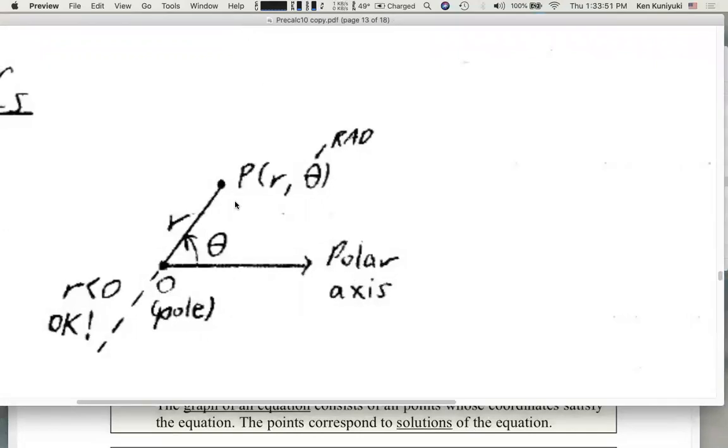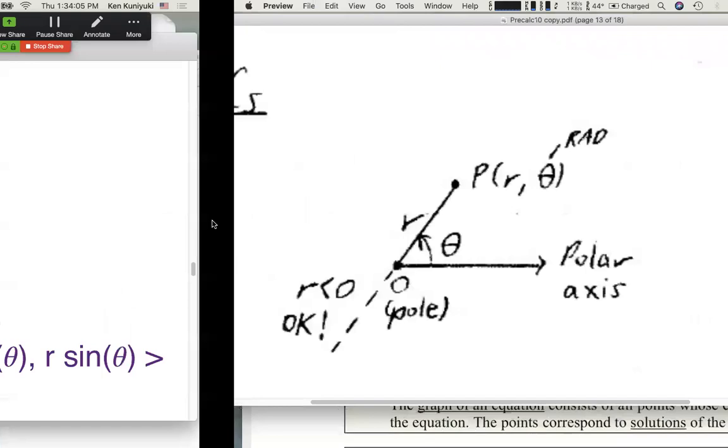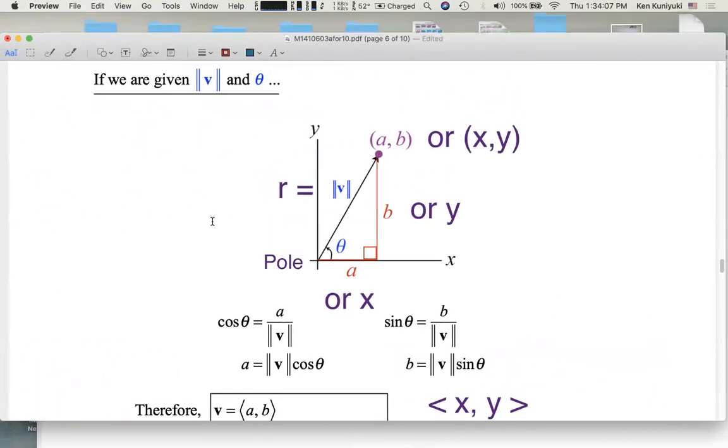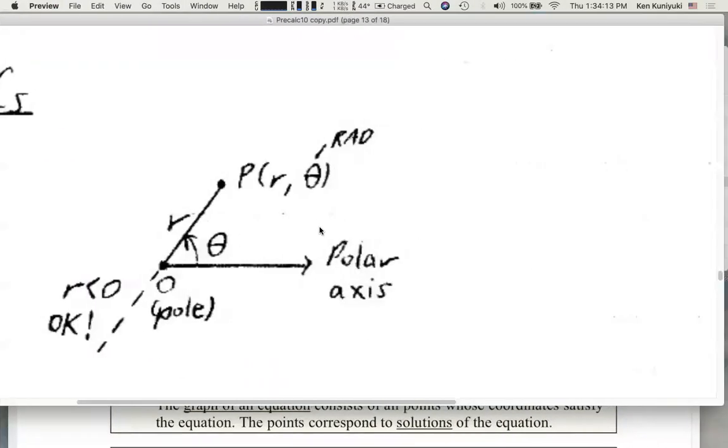All right. Now, notice I said that r is the signed distance between the point and the origin or pole here. Now, if r is non-negative, then this direction angle is as usual. But the thing that's kind of funny is that even though in section 6.3, we assumed that lengths of vectors were always non-negative, actually, when you consider polar coordinates, r can be negative.